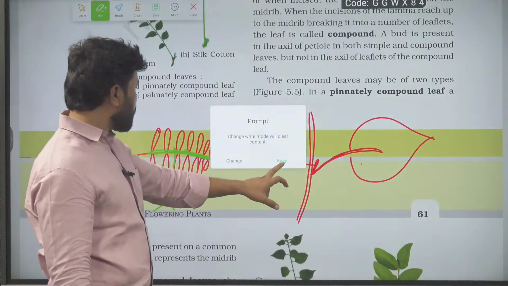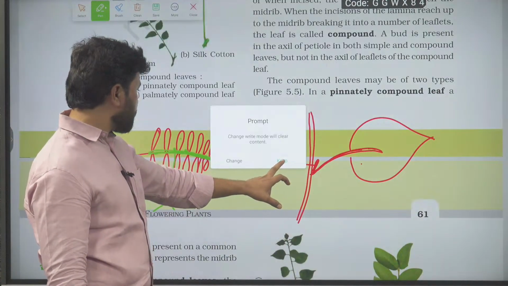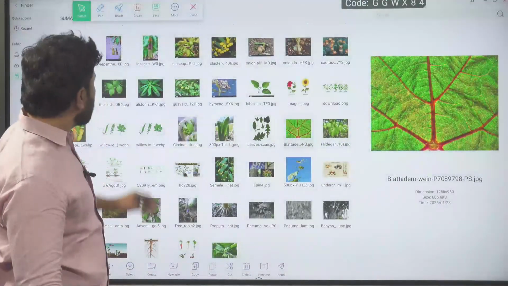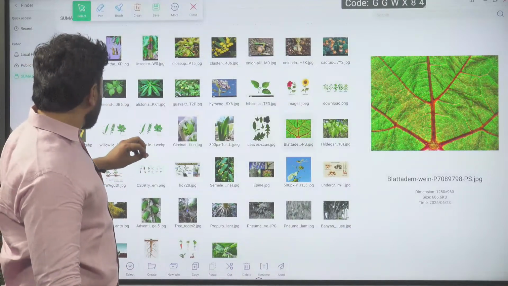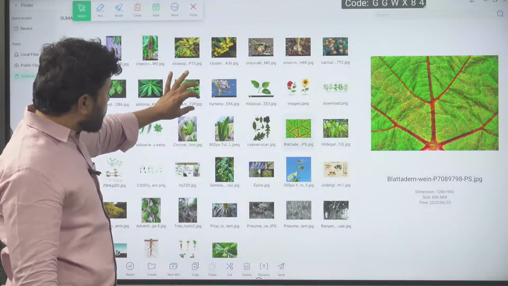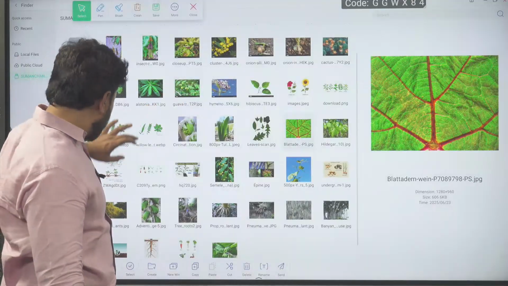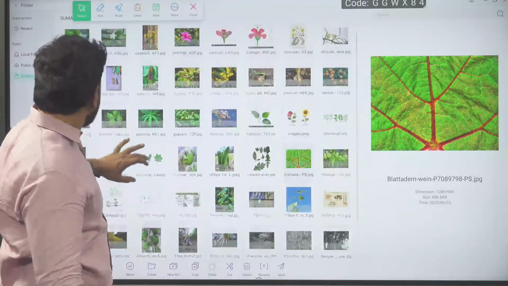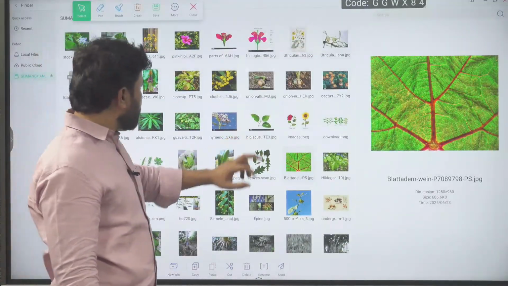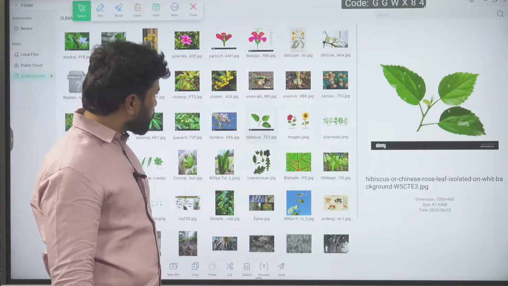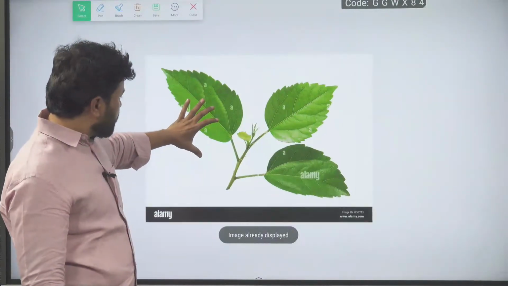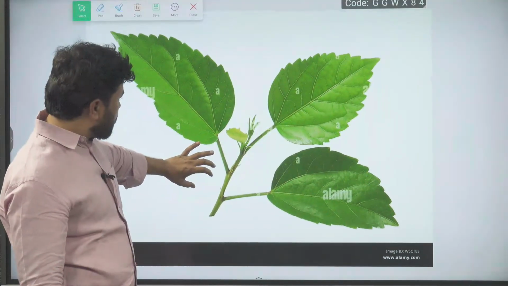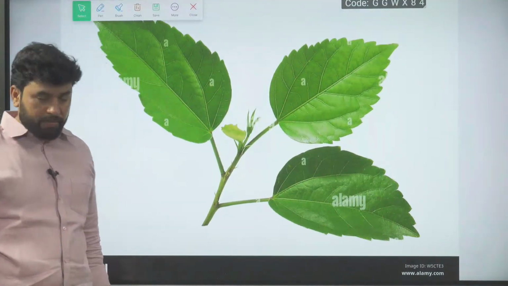Simple and compound leaf. There is a leaf called compound leaf and there is a leaf called simple leaf. Catch it? Look at this.